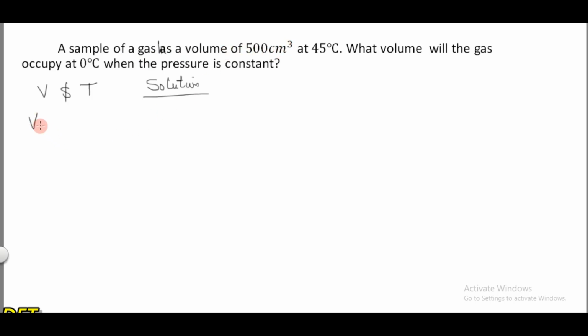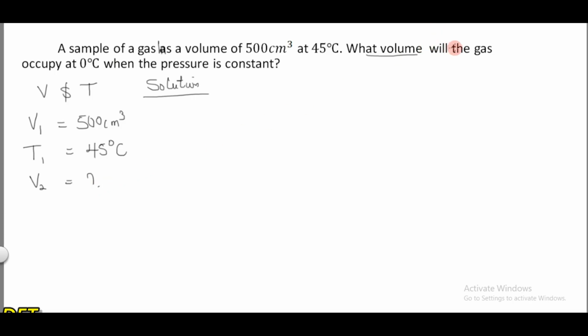So our V1 in this question is 500 centimeter cube at 45 degrees Celsius. Our T1 is 45 degrees Celsius. What volume will the gas occupy? We are looking for V2, so V2 is unknown.